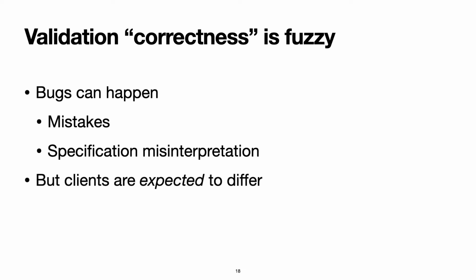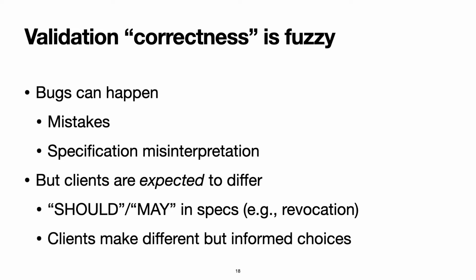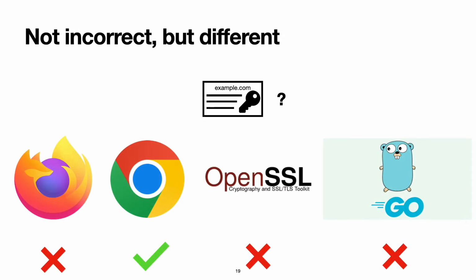Consider, for instance, that specifications give clients the freedom to implement things like revocation checking or not. Furthermore, clients often have valid reasons, like backwards compatibility, for making their own choices independent of the specifications. The important question then is not, is the client correct, but what rules is the client enforcing? Or more specifically, what policy does a client enforce?